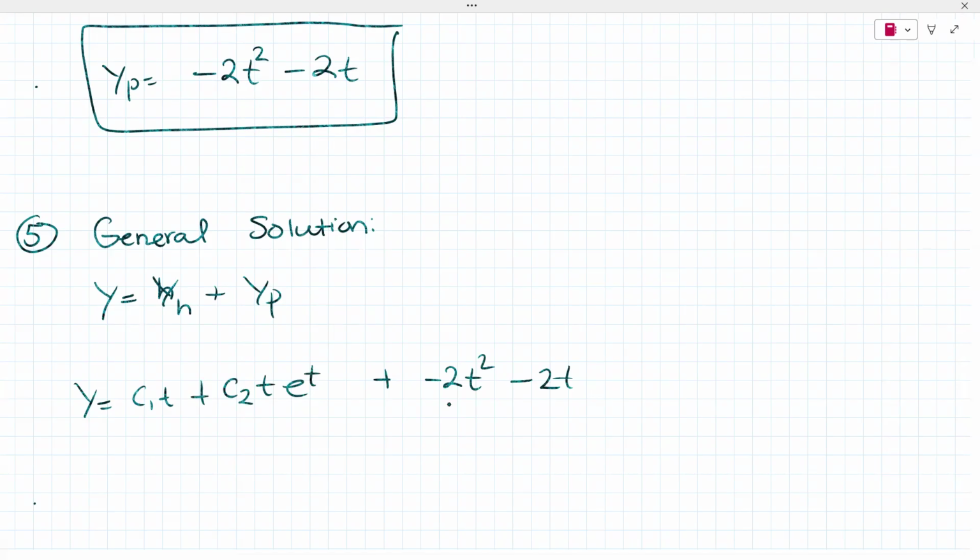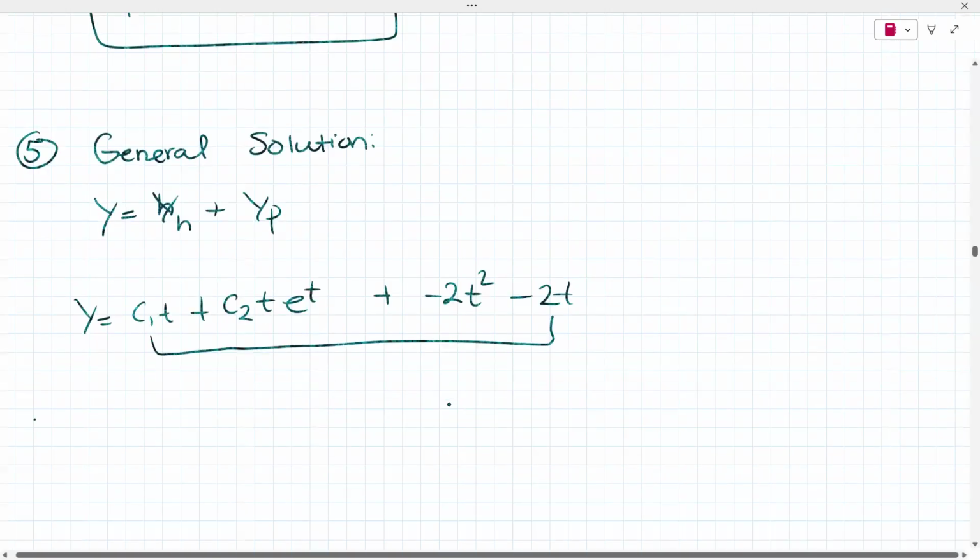Okay, can we use this as our final answer? Not quite. Do you see something repeat or something similar or something that's the same? Yes, I see that this is very similar to this, so we can omit it since it replicates from the yh. We ignore anything with a duplicate.